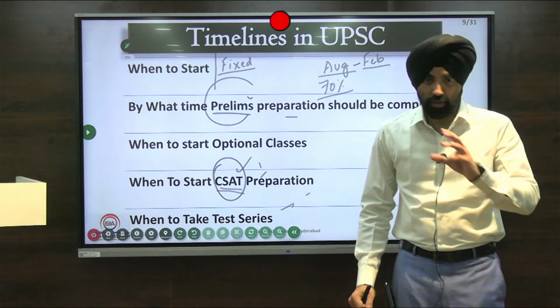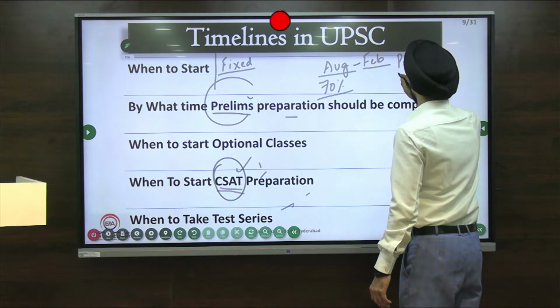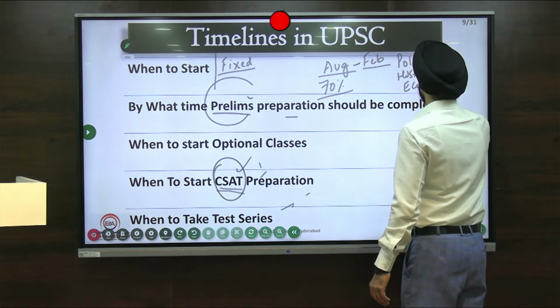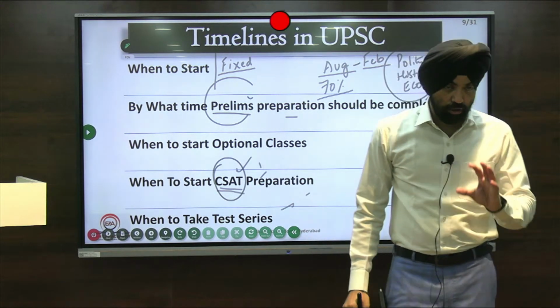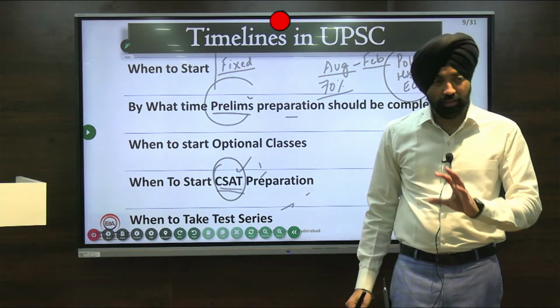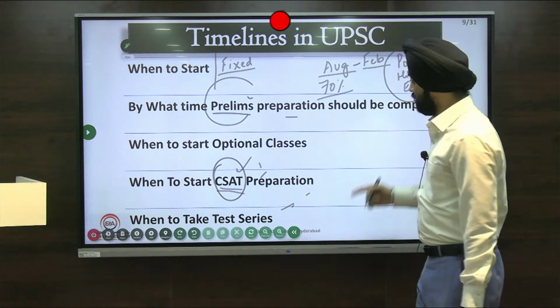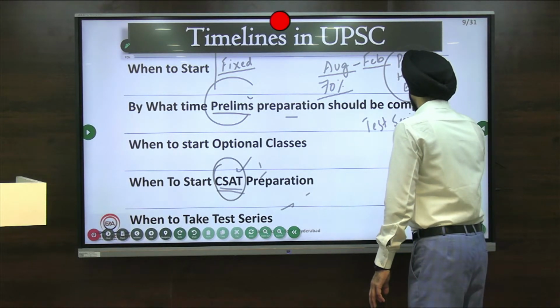The day you feel that 3 subjects, polity, history and economy, if major portion of these 3 subjects has been covered in classroom setting, the day you feel that I have covered these subjects at utmost length in the classroom, immediately you should go for your test series or mentorship.